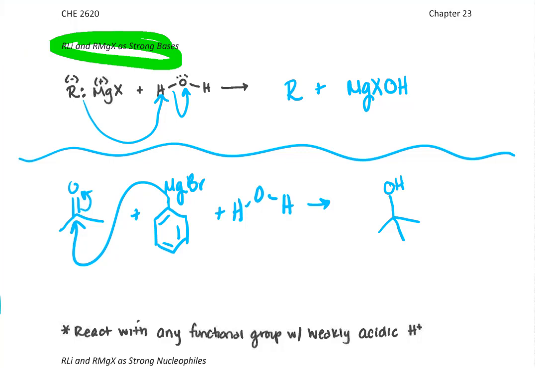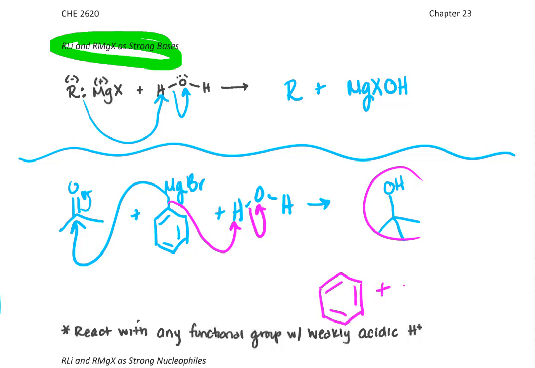So instead of getting those arrows, you're going to get this arrow instead. And then instead of getting the product you wanted, you're going to create benzene, a very expensive and time-consuming way to create benzene, and then magnesium bromide plus hydroxide ion. So that was disappointing. So instead, you'll just run the reaction without water.